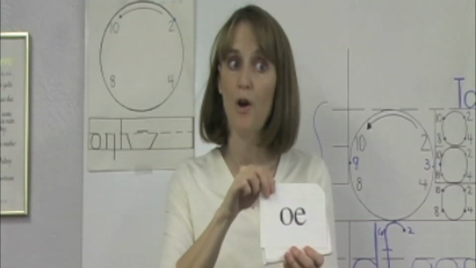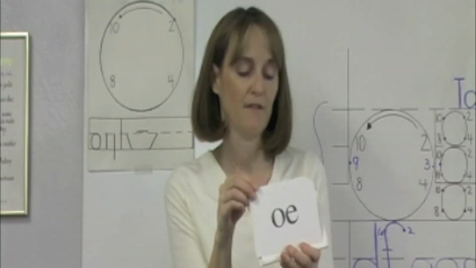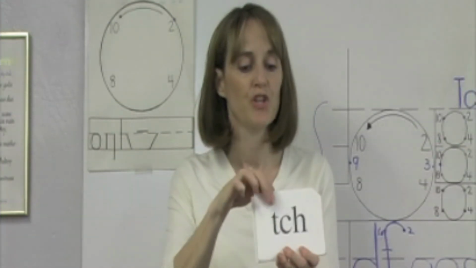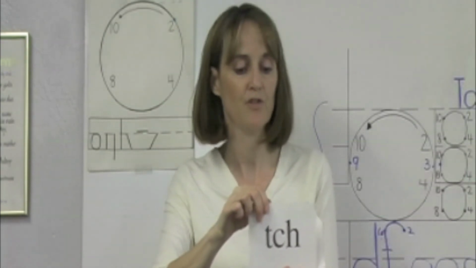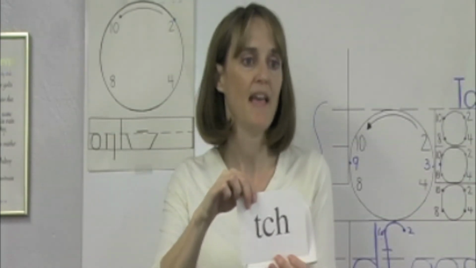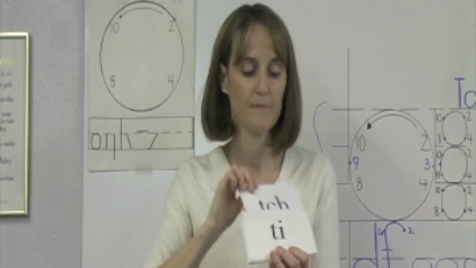O, the O of toe, which we say O, the O of my big fat toe. And ch, three-letter ch, used after a single vowel which says a, I, a.